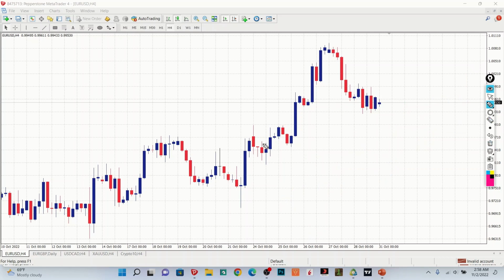So when you look at the market right here, it is a clear uptrend. Then we want to use it to study the Fibonacci retracement.